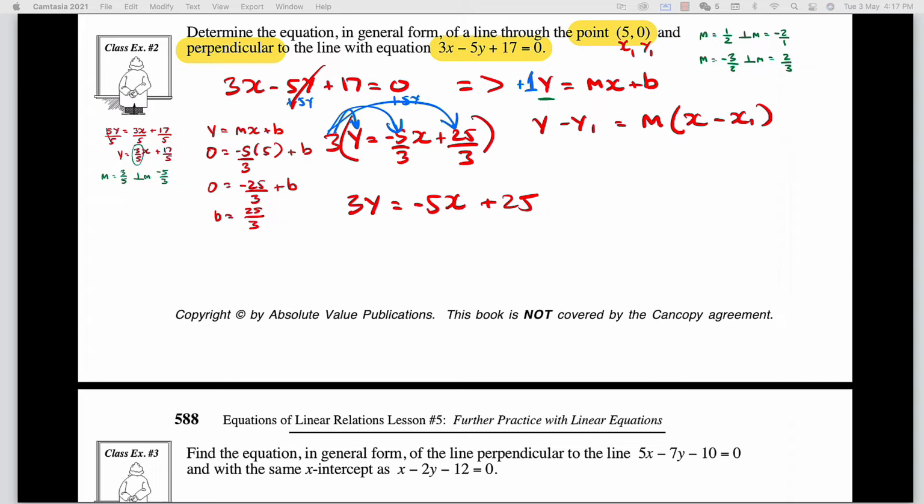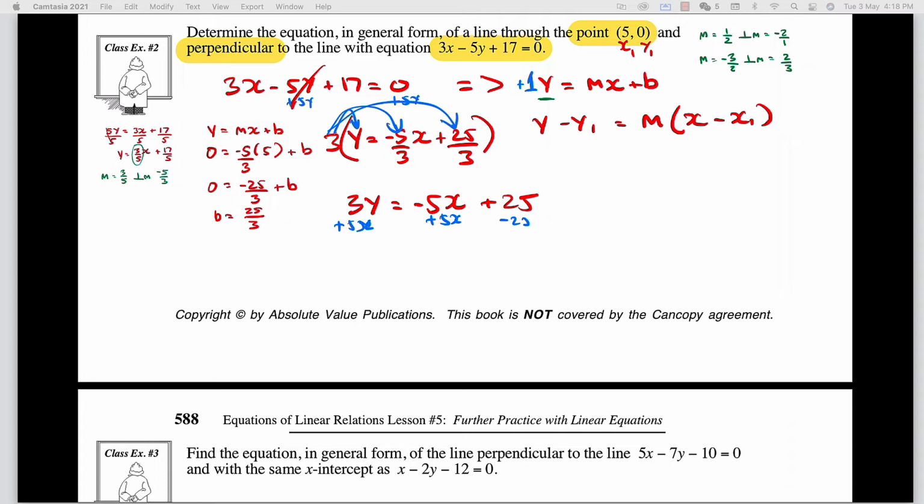So we're getting closer to the general form. What do I need to do? I need to have all 3 of these, the x, the y, and the constant, on one side, equal to 0, and I want the coefficient in front of x to be a positive. In this case, it's negative 5, so I'm going to move it to the other side by adding 5x to both sides.